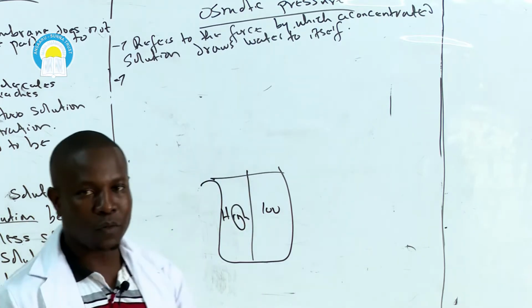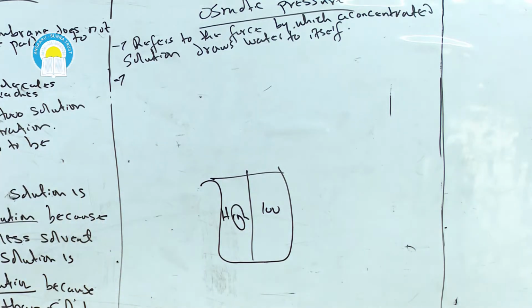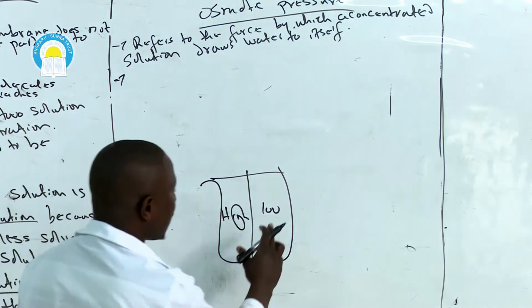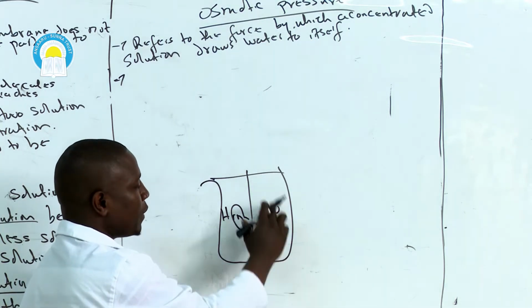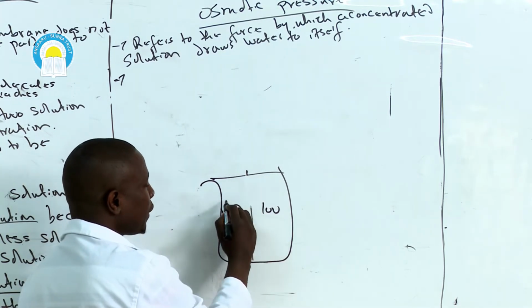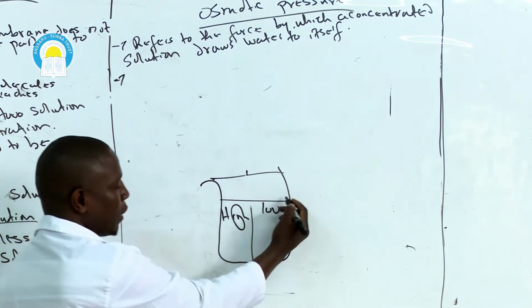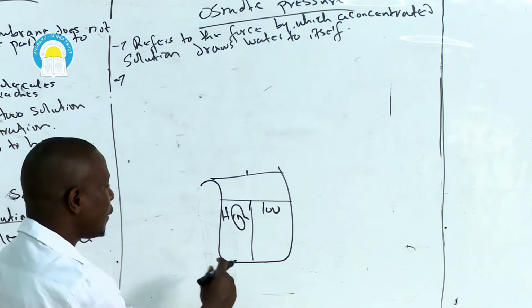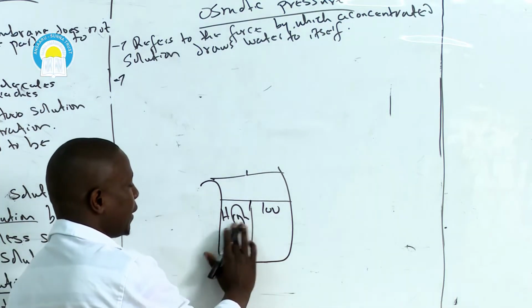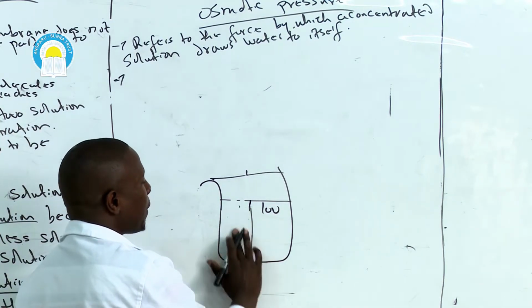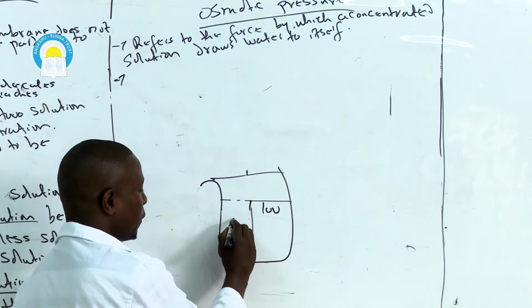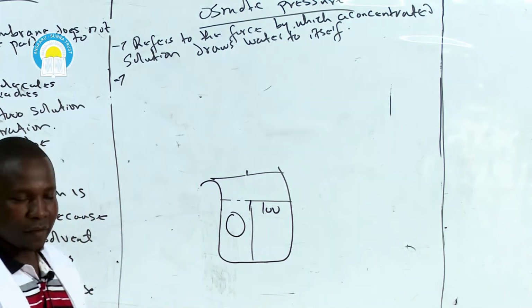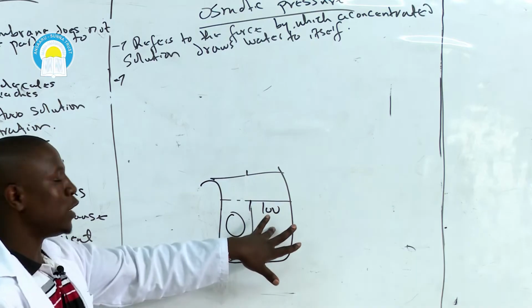Which one do you think is going to happen? You'll find out that water, this side, let me say that this is the level of water at the beginning of the experiment. And this is what? A cell. This a plant, an animal cell. Let us say it's a red blood cell, and you place it what? In a lowly concentrated region.